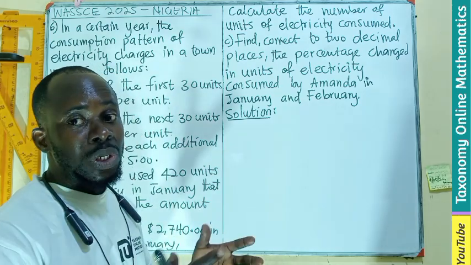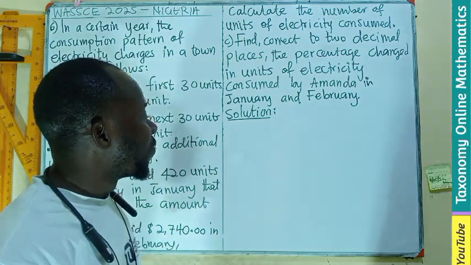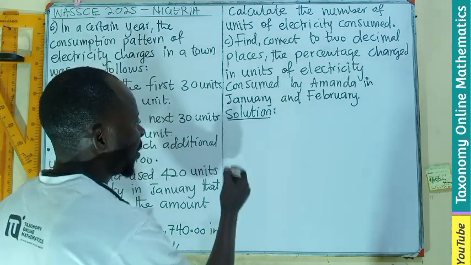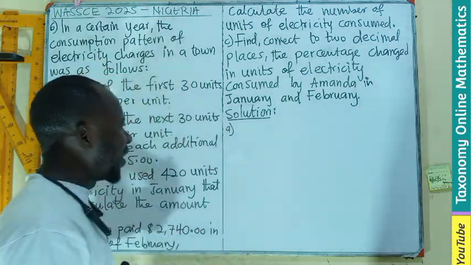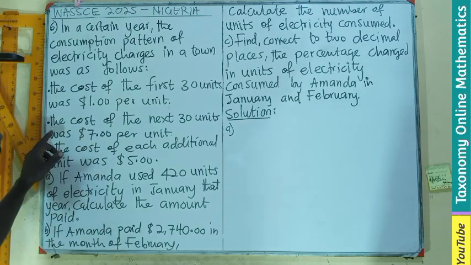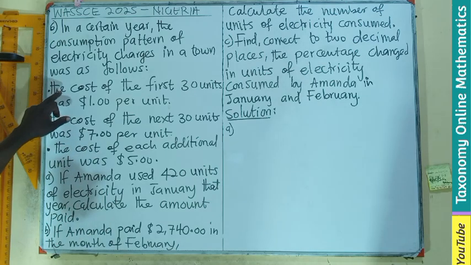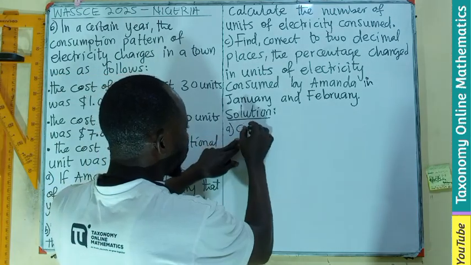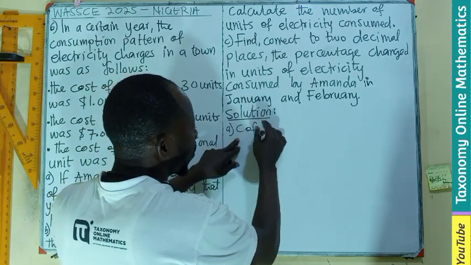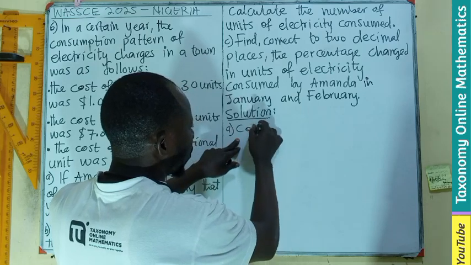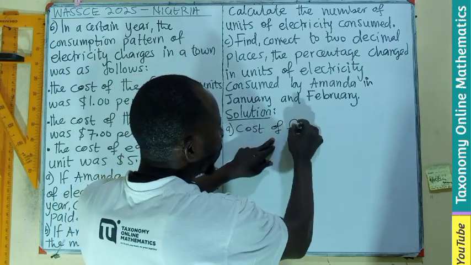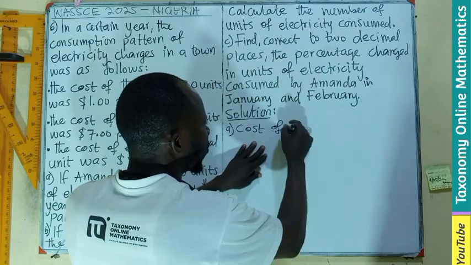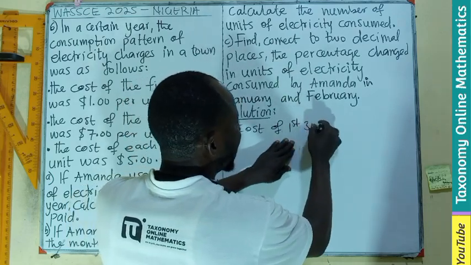This is more or less like calculation of tax. So we are looking for the amount paid by Amanda. We can start by finding the various costs. Let's see the first one, the cost of the first 30 units.